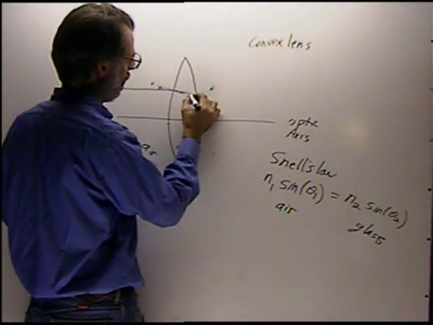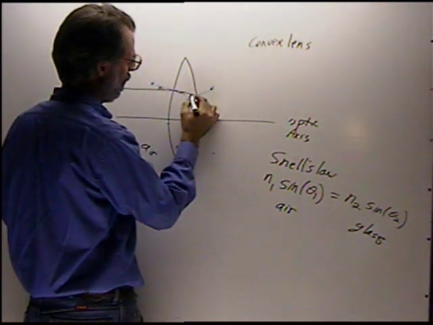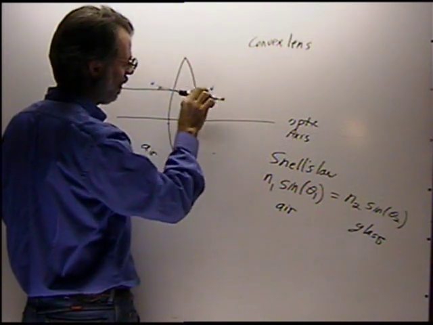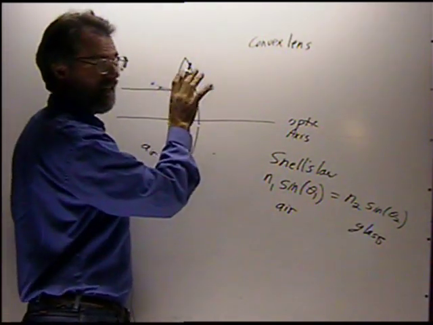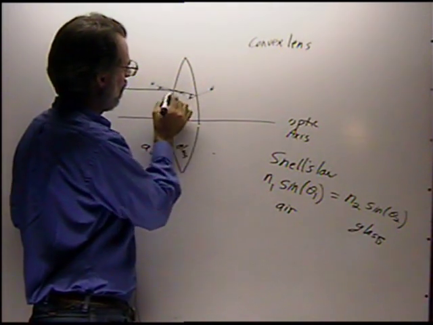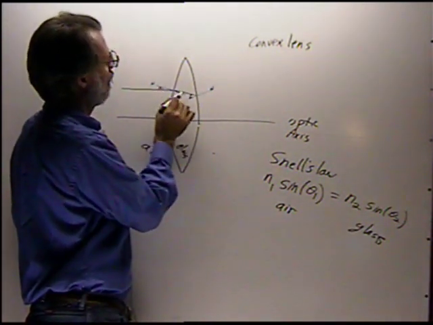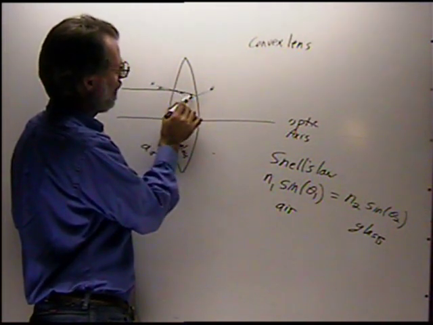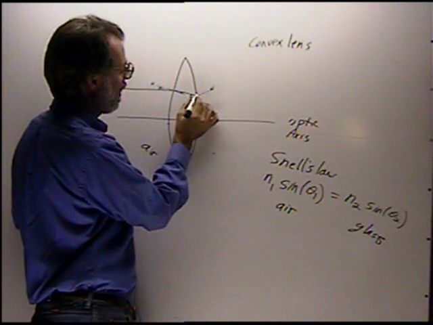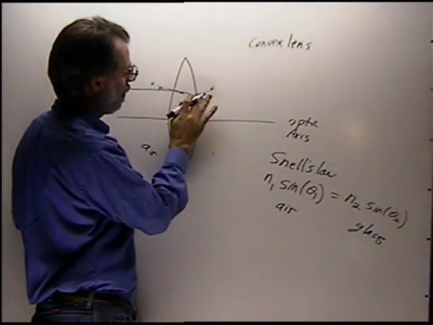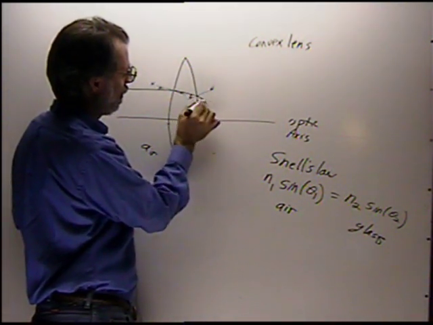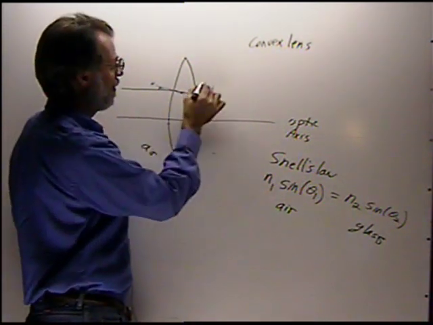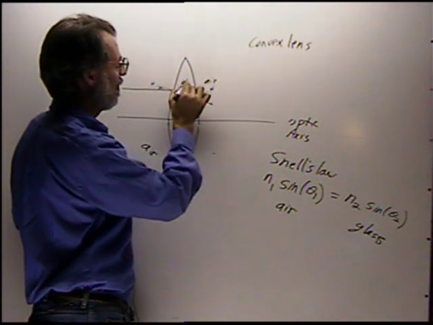Here's the incoming ray, and now the outgoing ray, remember, it's actually going to bend out even more, because this angle must be greater than that angle, since this is air and this is glass.